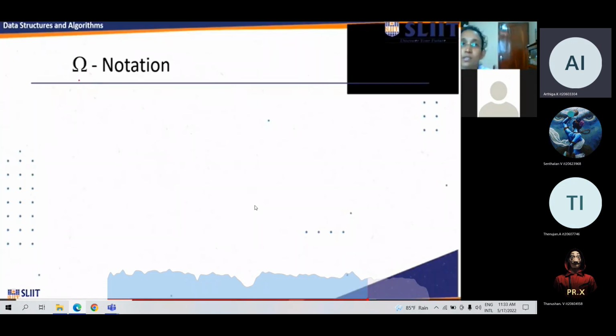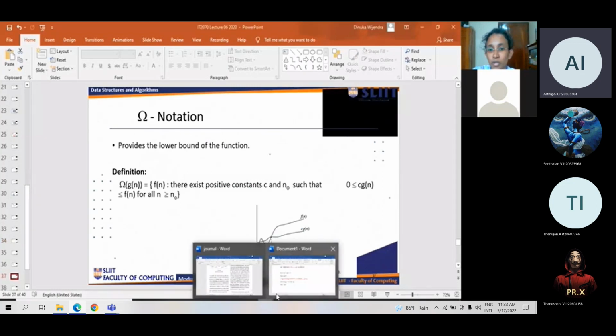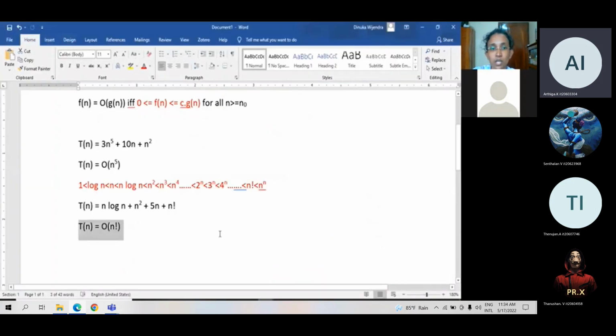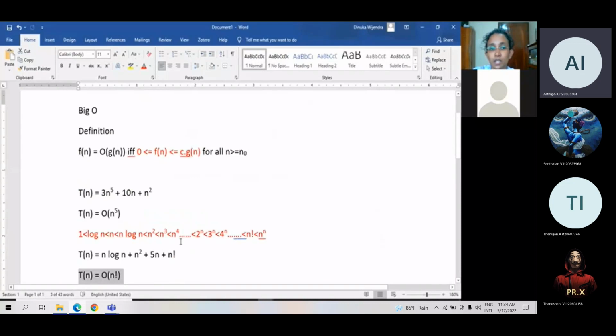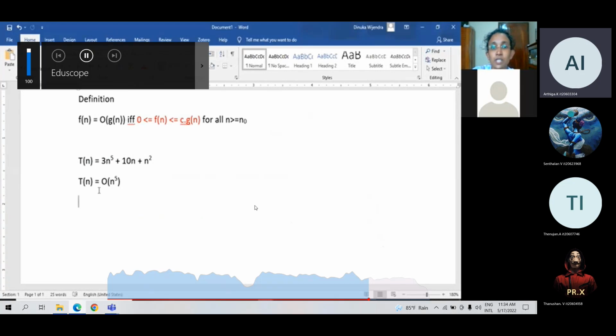Yes, omega notation means the lower limit. Okay, before going for the omega notation, I just want to let you know this one as well. Let me say one thing with big O again. Okay, now for this question, the answer is O(N^5).